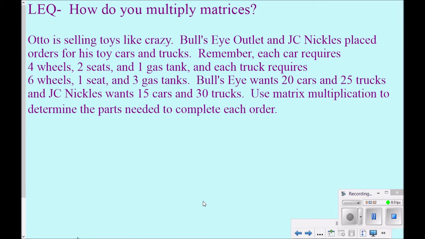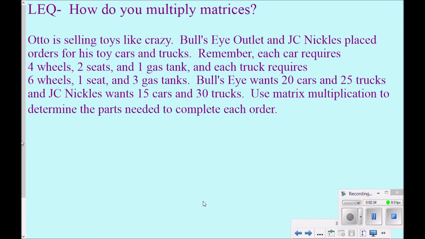Okay, now before we do that, just want to talk about why we're going to be doing that. So if you recall, when we did that linear programming problem, we made a long list of all the possibilities for numbers of cars and trucks that Otto could produce given the supplies in his storeroom. And if you remember, to figure out if he had enough parts, we would take the number of cars, in this case 20, and we'd multiply it by the number of wheels needed per car.